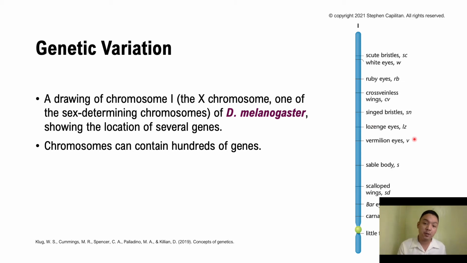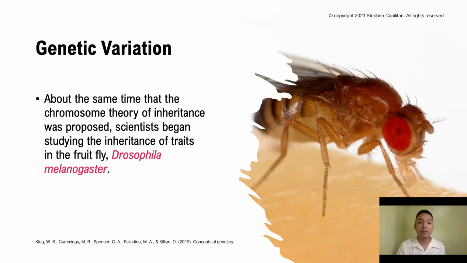So in chromosome 1, you can see these particular alleles found within the arms of the chromosomes, and they can contain hundreds of genes.